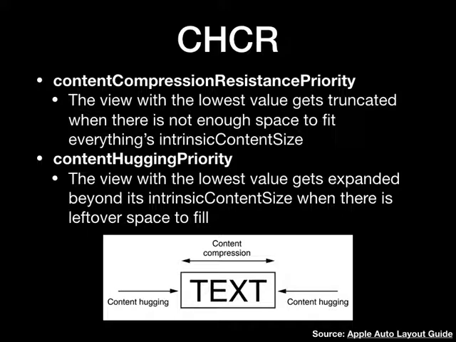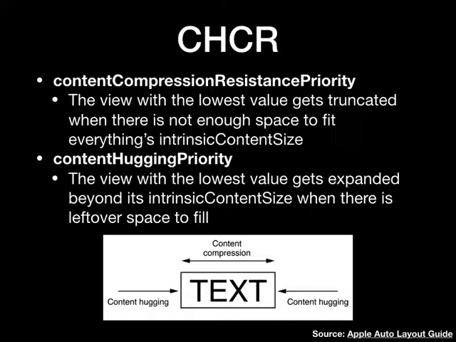Compression resistance is basically how much it resists being squished, how much it resists a label being truncated and going off with a dot dot dot. That's what compression resistance is. Whoever has the lowest value will just get truncated.